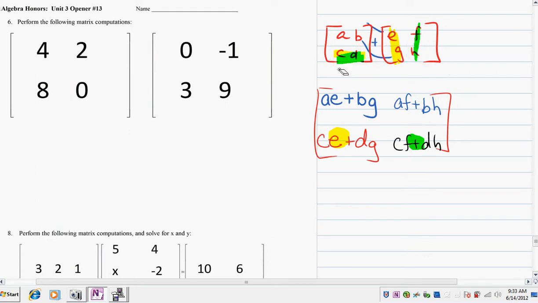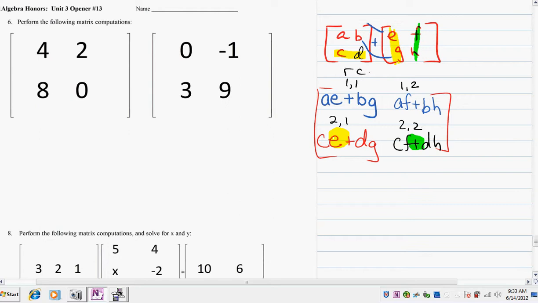Similarly, when I was multiplying the yellow, if I were to move this on top of that, it would overlap in this element right there. So we refer to these as row, column. So this would be 1, 1. This would be 1, 2. This would be 2, 1, and 2, 2. Row by column.